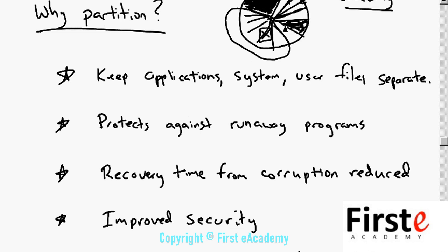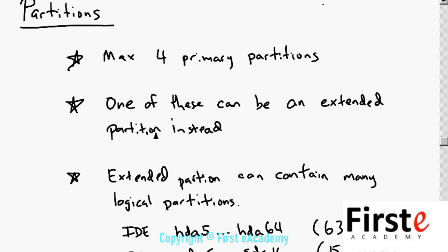Okay, so what we have to do is we have to add a new disk now to our system to have this partition sort of grow onto that other disk. Okay, so we don't want to chop it up so fine-grained that we wind up with lots of wasted disk space, but we want to have at least a few partitions so that we can keep the major parts of the system separate.